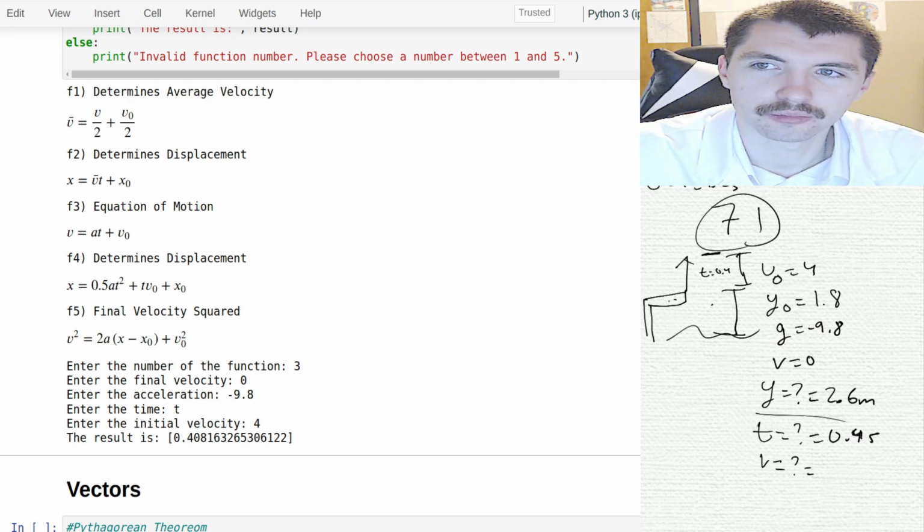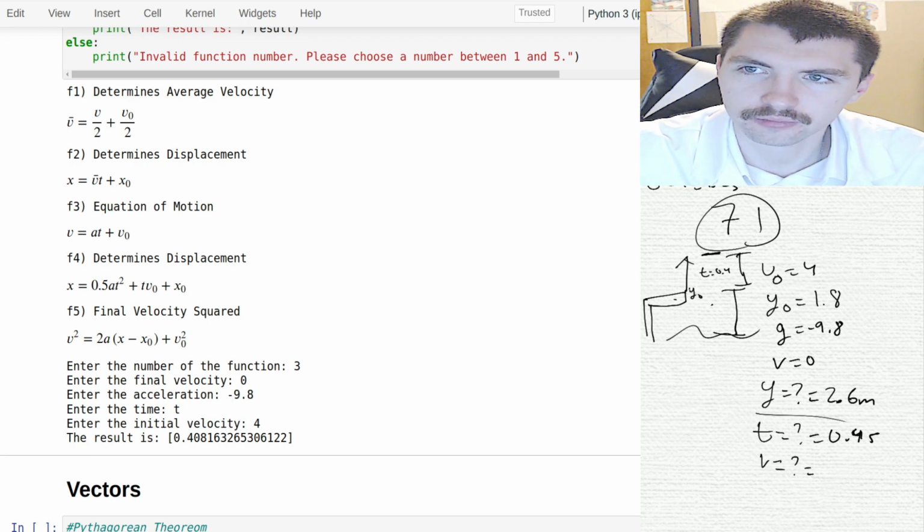Alright, so here's why not. She jumped up. So we try to find y. So we found y with the displacement.